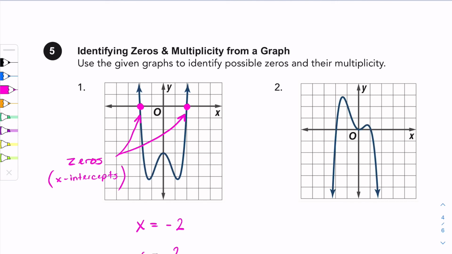So now I need to determine the multiplicity, and the multiplicity is determined by either crossing through the x-axis or turning at that point. The easiest way to determine this is to draw over the graph. If I draw over the graph, am I drawing through the x-axis or am I turning at the x-axis?